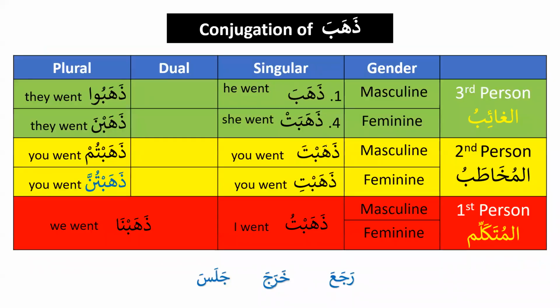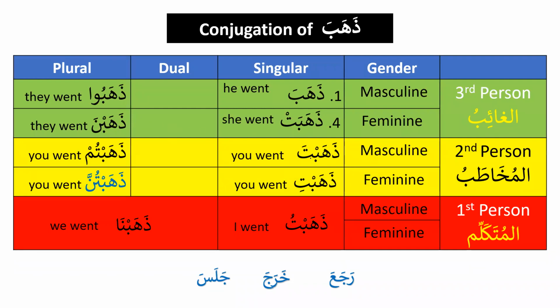Now the conjugation of dhahaba is complete for the singular and for the plural. The dual, inshallah, we will complete it in the following lessons. So dhahaba and dhahabu, he went and they went, and dhahabat and dhahabna. So for the third person, we have completed now dhahabat and dhahabna.